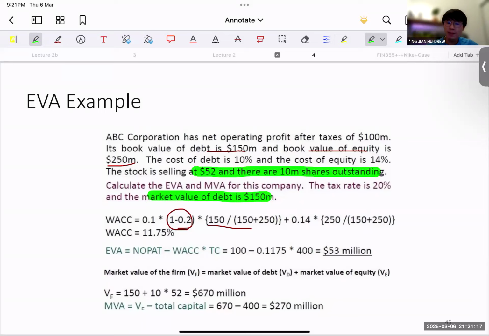In this case, we can actually calculate the market values of the equity and the debt. And we should use the market value for our WACC. Everyone noticed it? So I think this answer actually might not be correct. It should be amended.